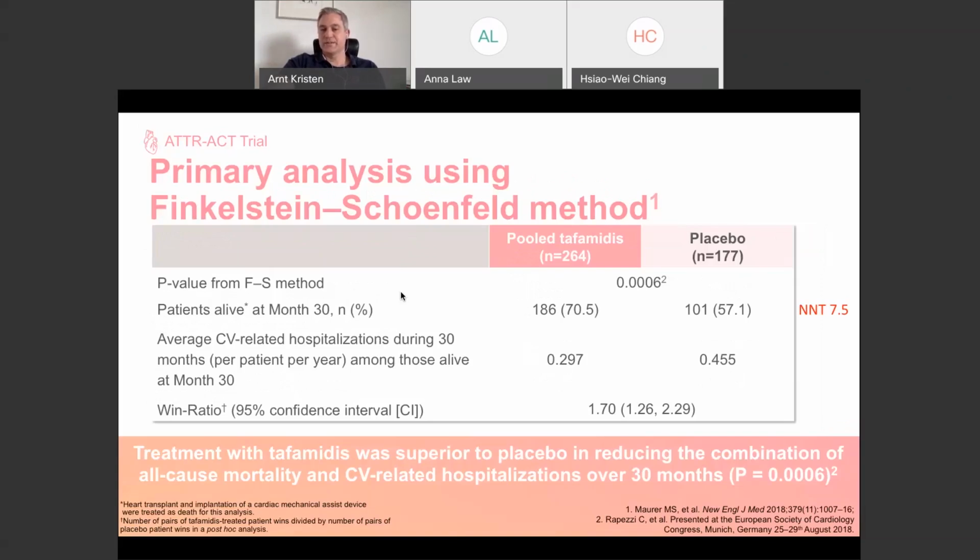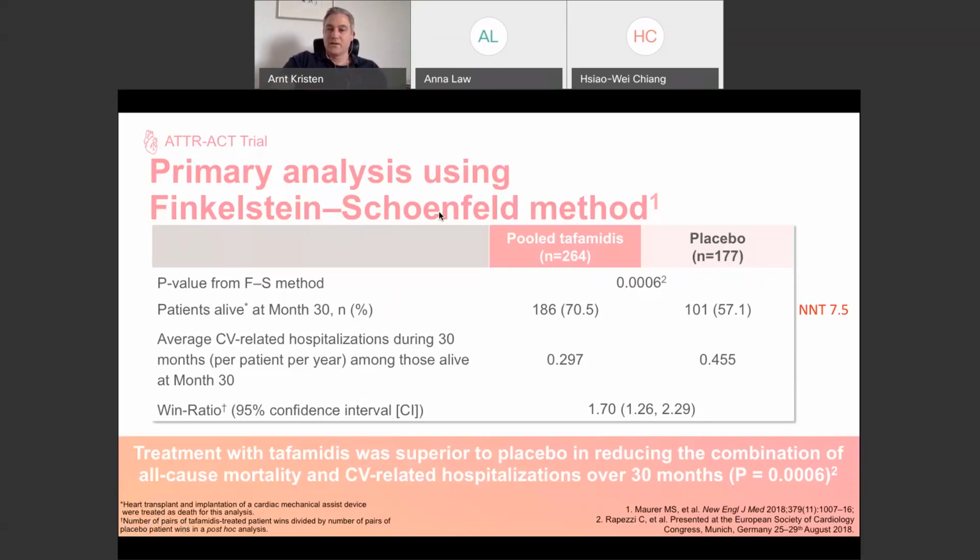And as you can see here, there was a significant reduction of all-cause mortality and cardiovascular-related hospitalizations in patients treated with tafamidis in comparison to the placebo cohort. And this results in a number needed to treat of 7.5 patients.